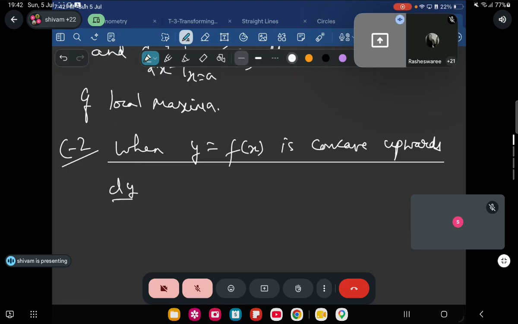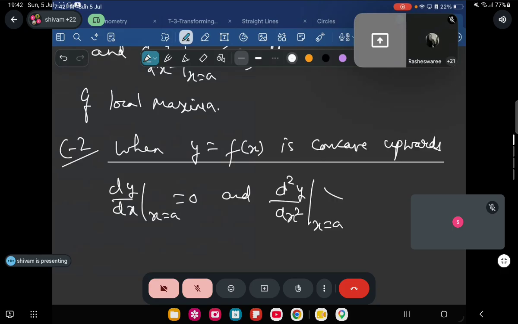Dy by dx at x equal to a should be equal to 0, and d2y by dx square at x equal to a must be greater than 0 or less than 0? Greater than 0. Then x equal to a is a point of local minima.